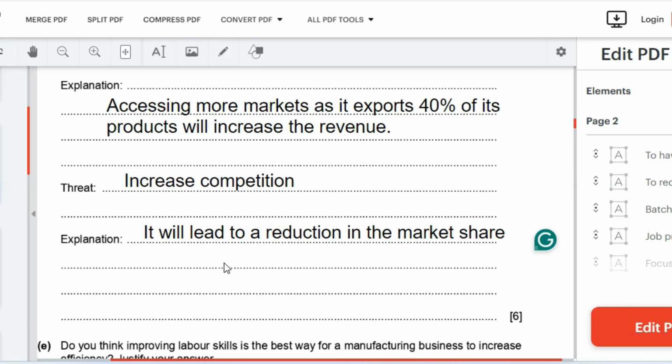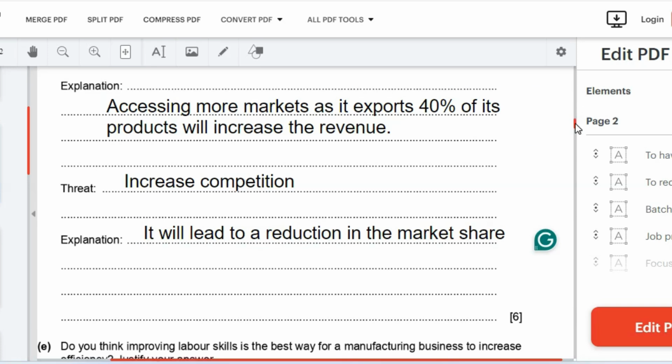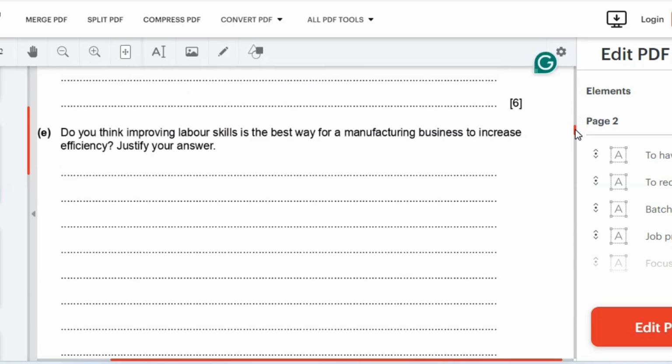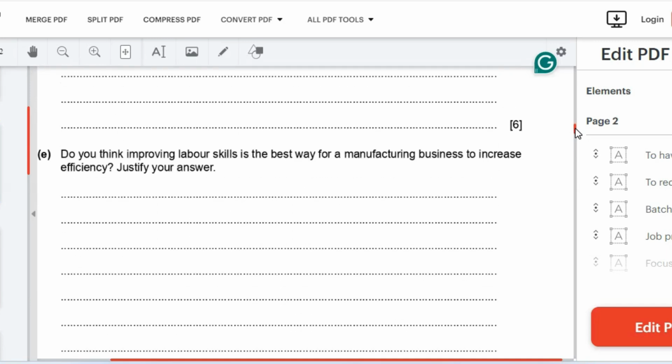Now we move to 1E, where we have the question: do you think improving labor skill is the best way for a manufacturing business to increase efficiency? You have to justify your answer. First, you have to bring out some points of improving labor skill before you can justify your answer.